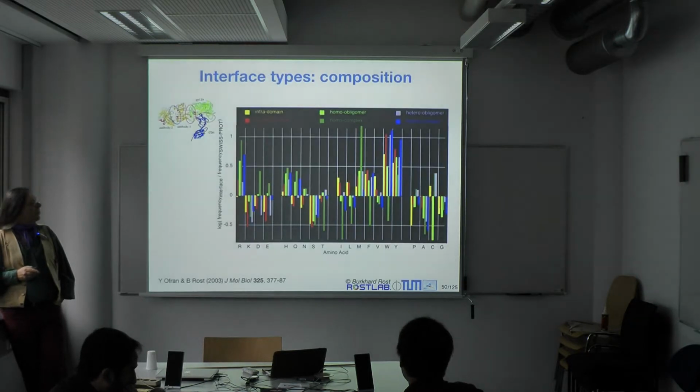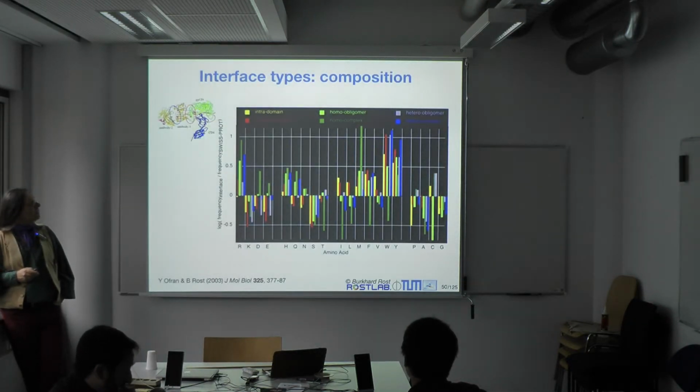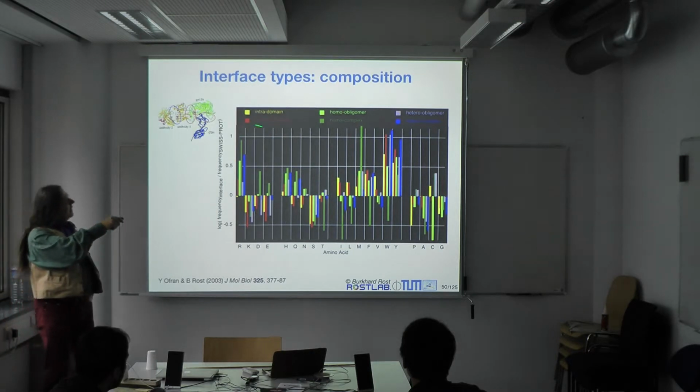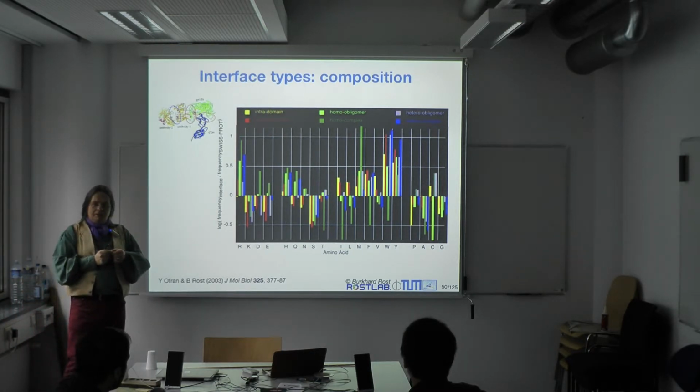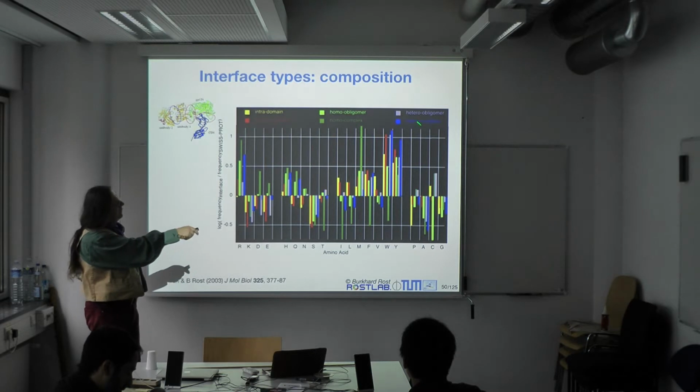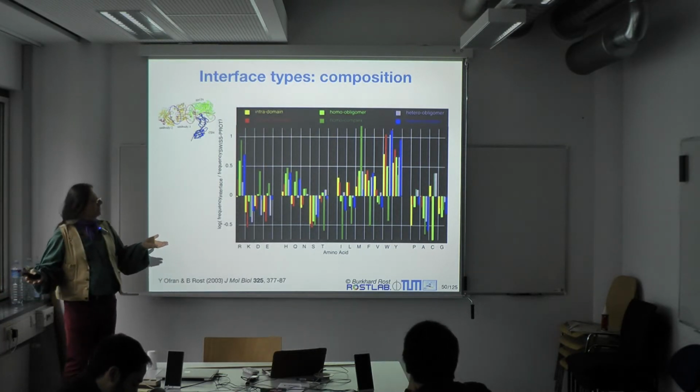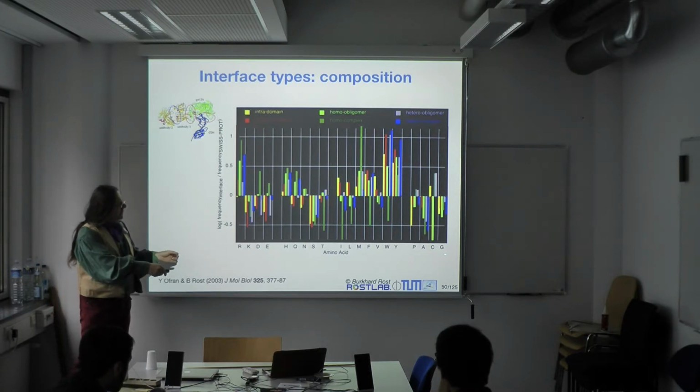Okay? So, here's the data. I have 6 different types of interactions. Intradomain, the yellow one, is just inside of a protein. And the blue one here is what you would call the typical transient protein-protein interaction. I have these 20 amino acids.